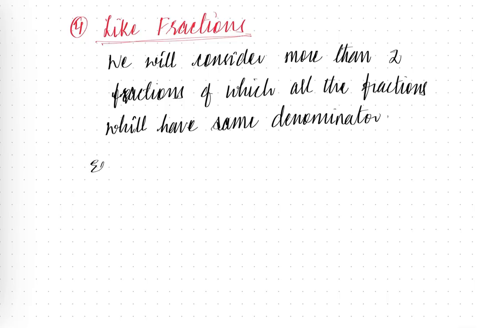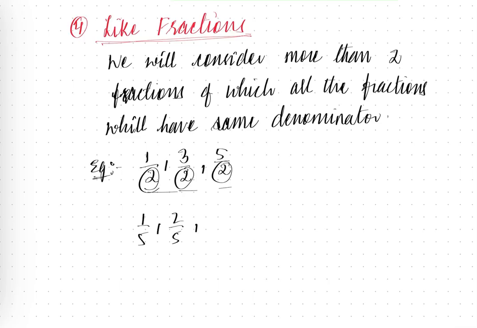If I take an example, see here, 1 by 2, 3 by 2, then I can take 5 by 2. Here we have all the denominators as 2, all the same denominators, so it is known as like fractions. Another example: 1 by 5, 2 by 5, and 3 by 5.